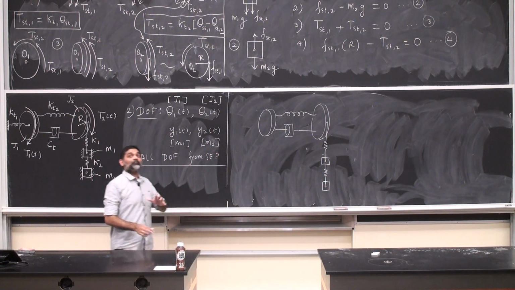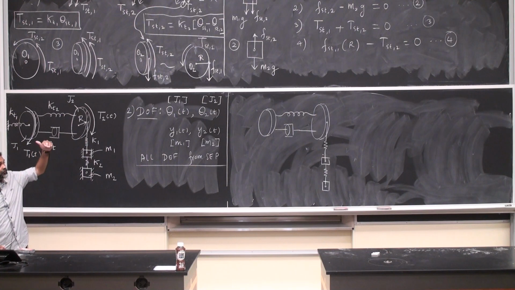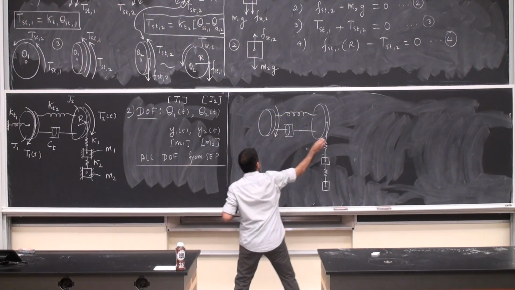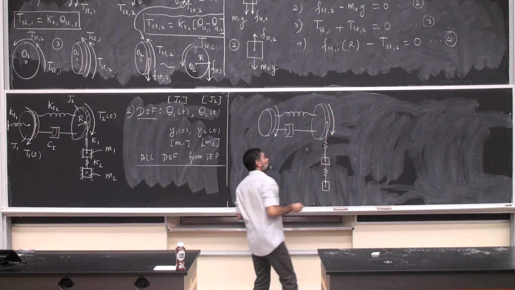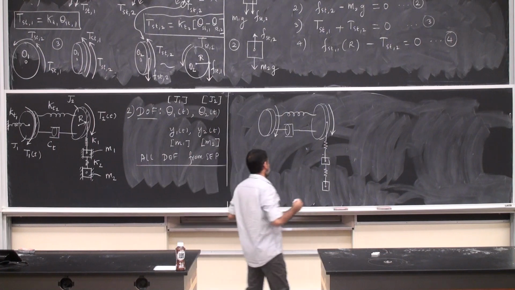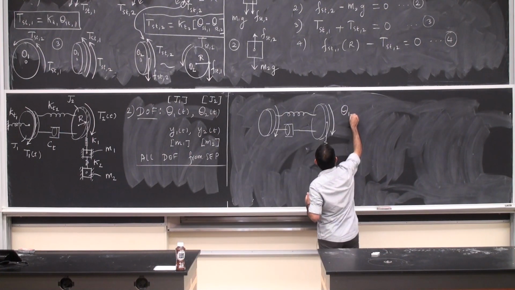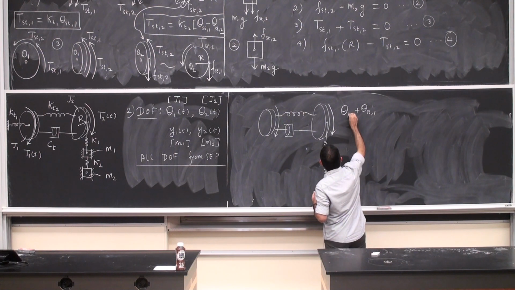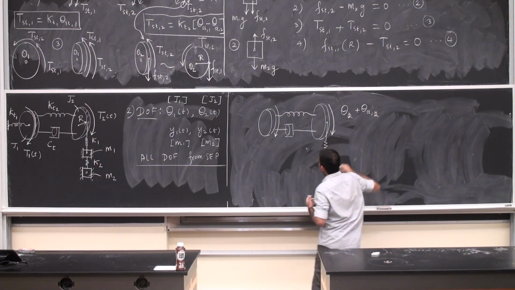Alright, I'm drawing them from ACP, so which means that for me, I have to draw the net effect of them. Assume this way. Assume this way. So this is going to be theta 1 plus theta 1 static, theta 2 plus theta 2 static. This is a net deflection. Theta 2, I'm sorry. And likewise here.